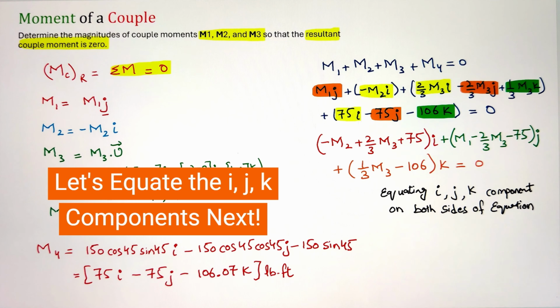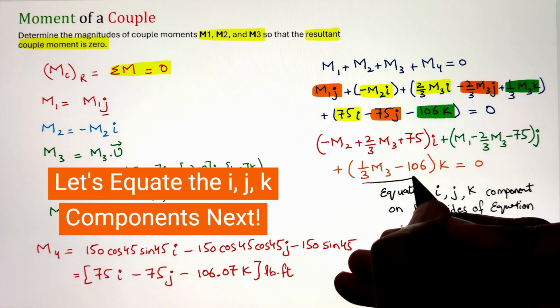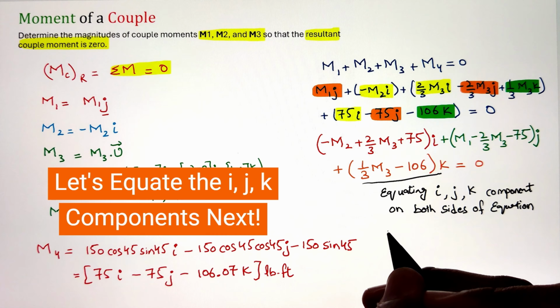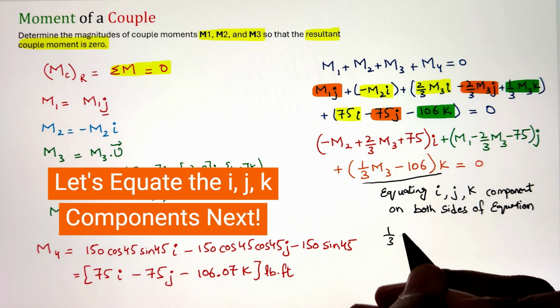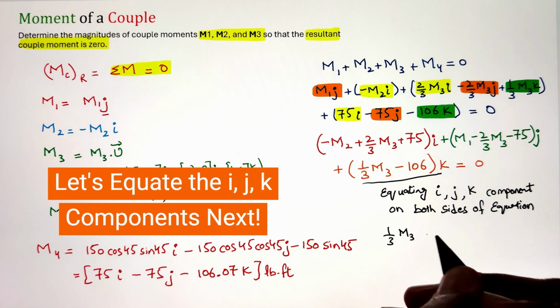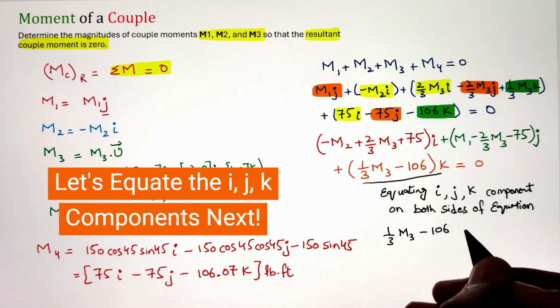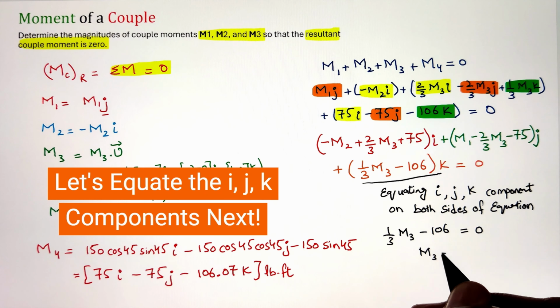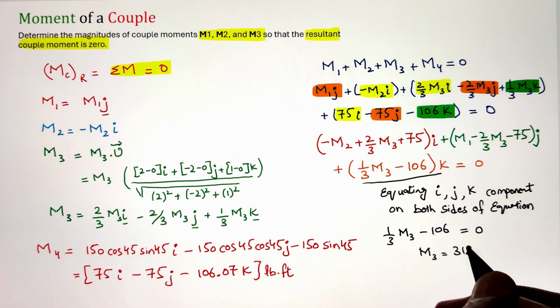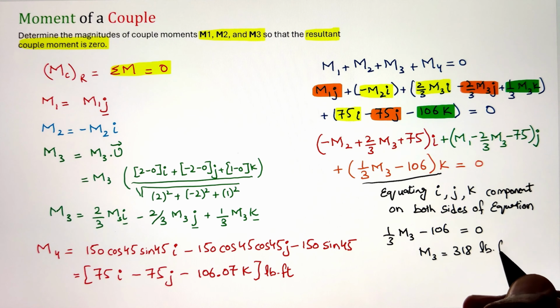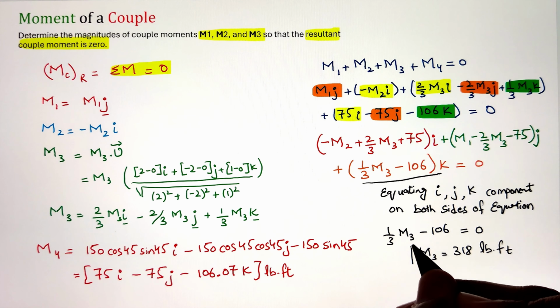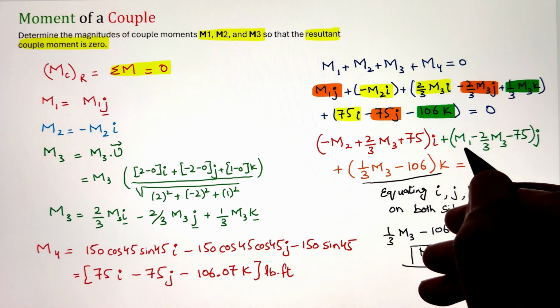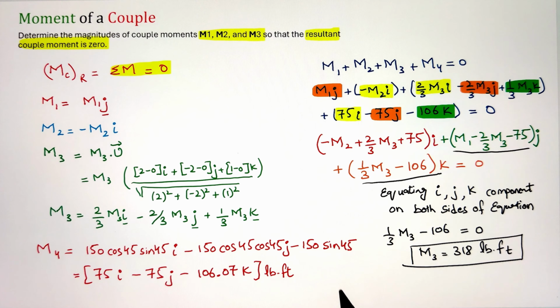I will begin with k as it has only one unknown and we can easily solve for our M3 value. Writing our first expression, 1 over 3 M3 minus 106 equals 0. Simplifying, we get M3 as 318 pound-feet.